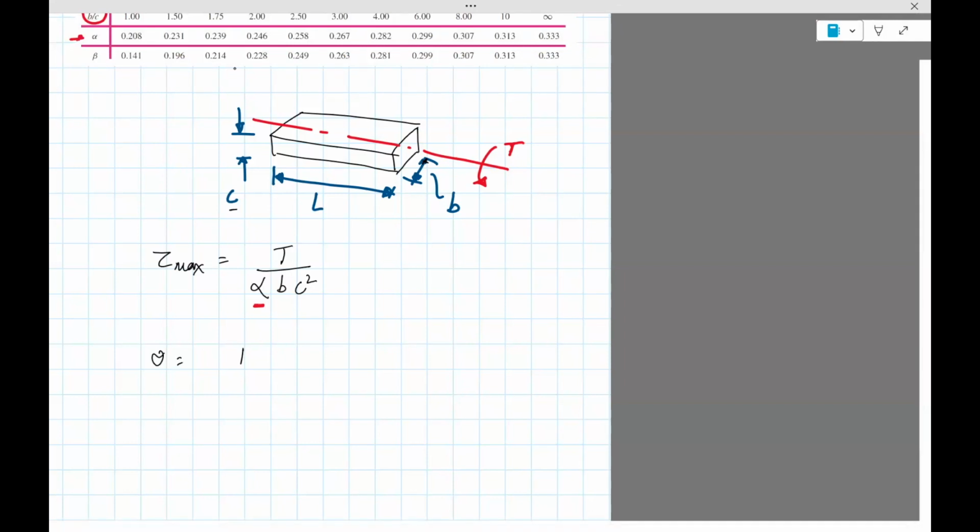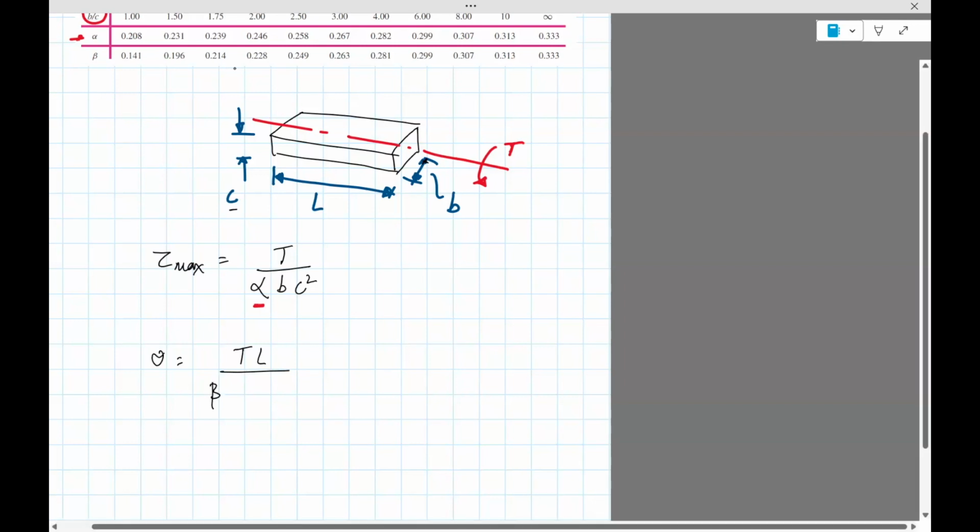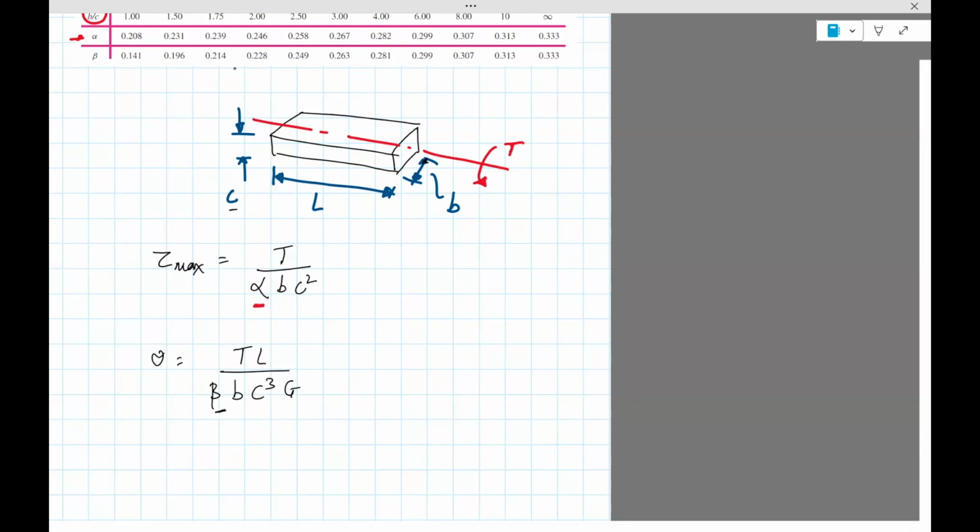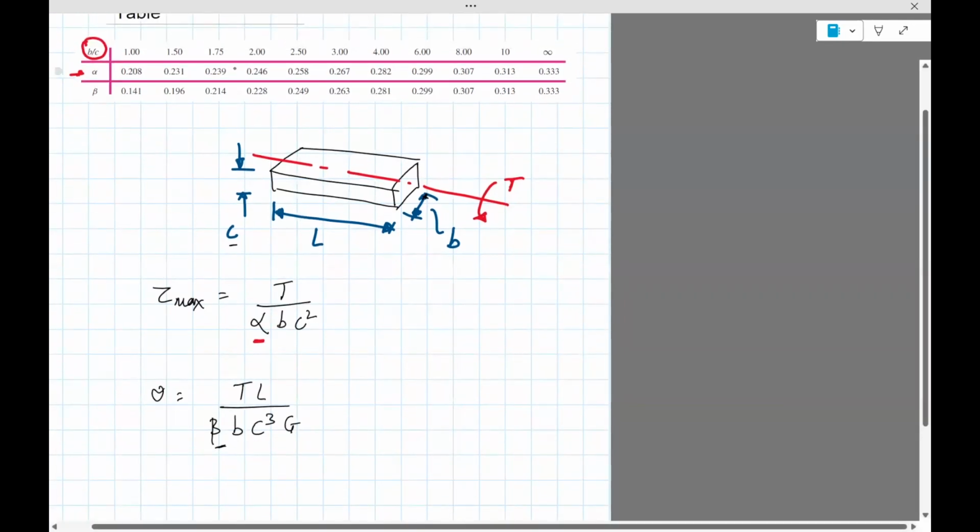And theta is TL divided by beta BC cubed times G. There's a factor beta, which again is in this table. So you compute the ratio of B to C, then compute beta, and then you put it in the formula and compute the angle of twist.